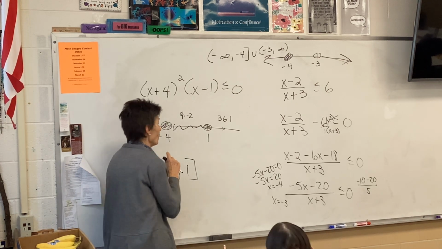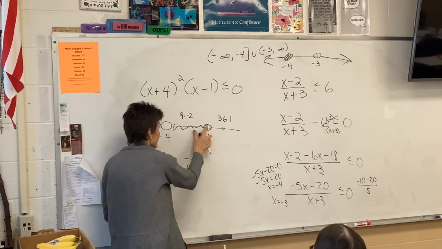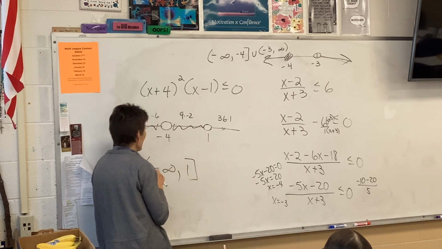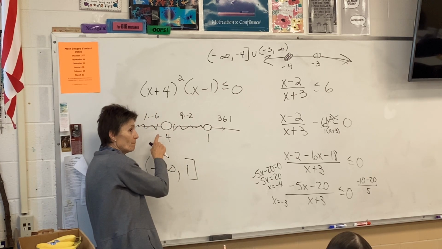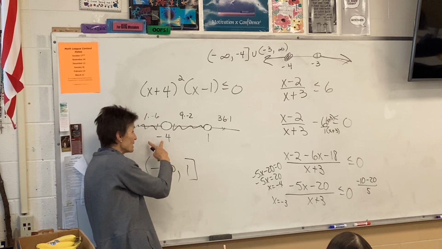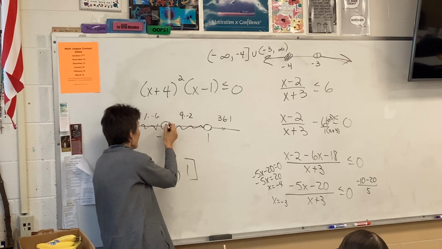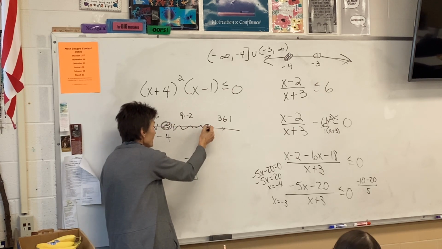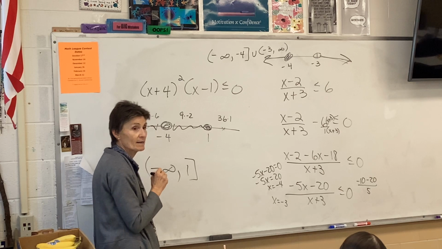Now be careful. If these dots had been open dots, then I couldn't do that, could I? If they had been open, then I would have to do this piece, union this piece. But because they were all colored in, it's all shaded, and that's my answer.